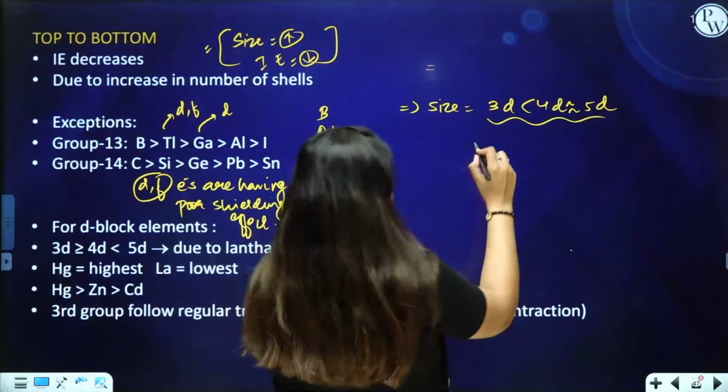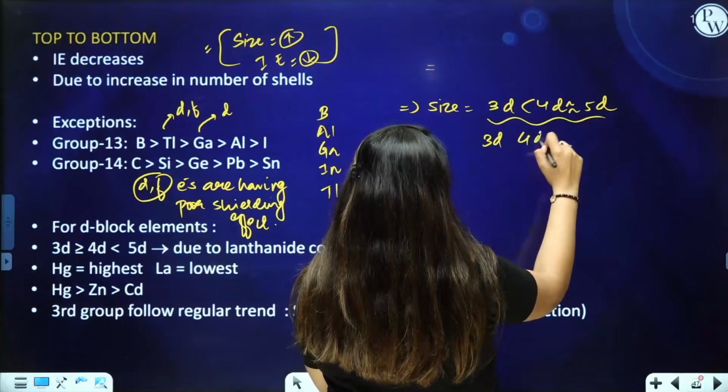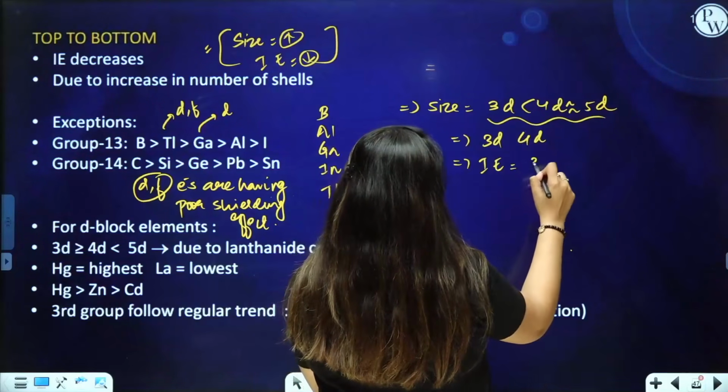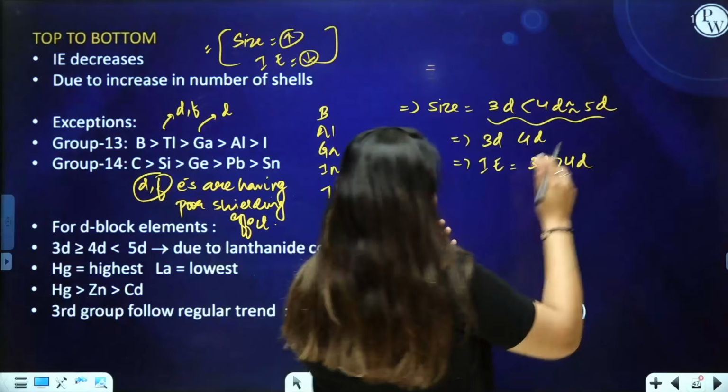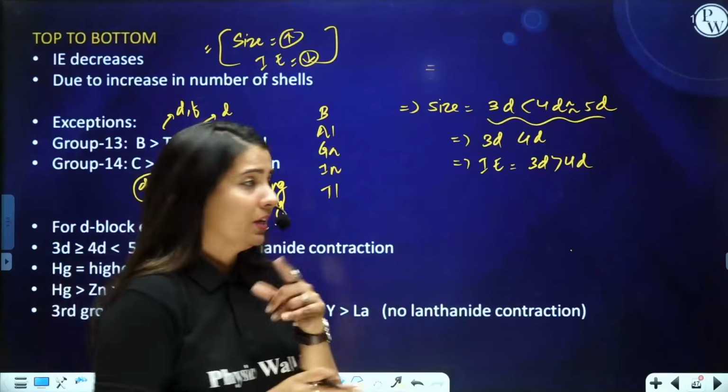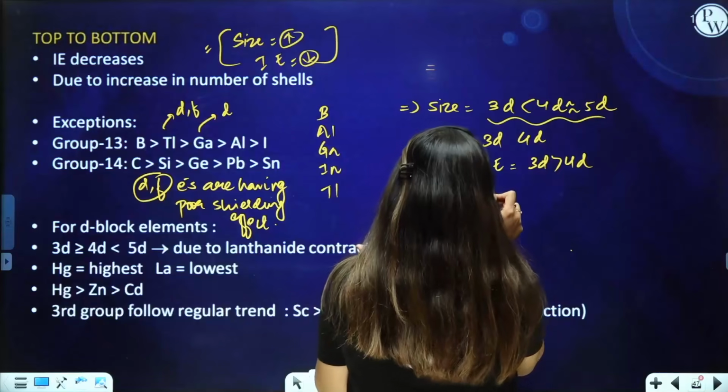So if you compare the 3D and 4D ionization enthalpy, the ionization enthalpy will be larger for 3D as compared to 4D, because 3D is less in size, 4D is bigger in size. You can see over here. But what about 4D and 5D?